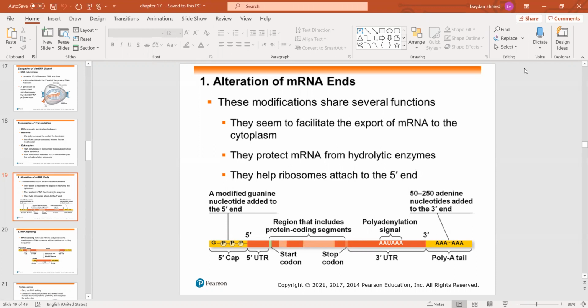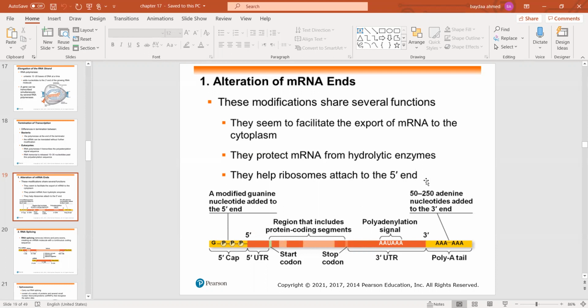Alteration of mRNA ends: each end of a pre-mRNA molecule is modified in a particular way. Enzymes modify the two ends of the eukaryotic pre-mRNA molecule. The modified ends may promote the export of mRNA from the nucleus, and they help protect the mRNA from degradation when the mRNA reaches the cytoplasm.